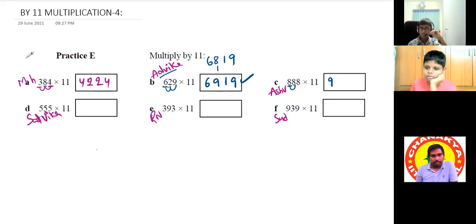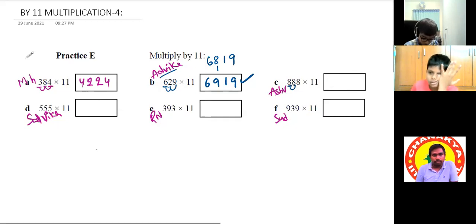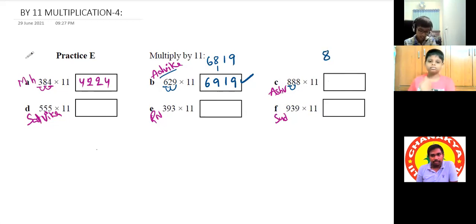Sir, now 8 plus... I'm getting confused. Can I tell from first, sir? Okay, start from first. 8 as it is. Then 8 plus 8 is 16. Okay, 16 is over.